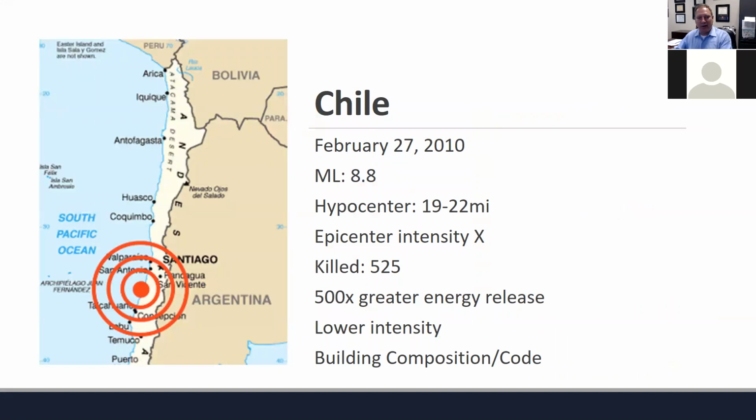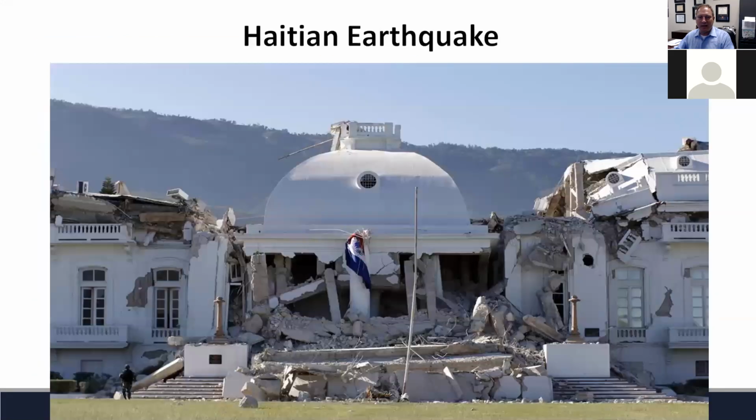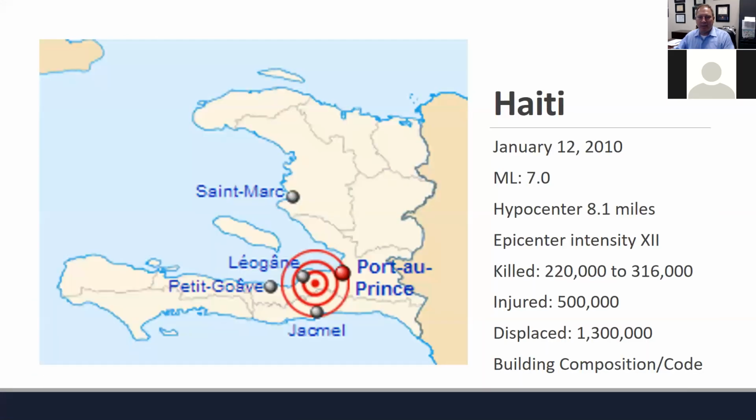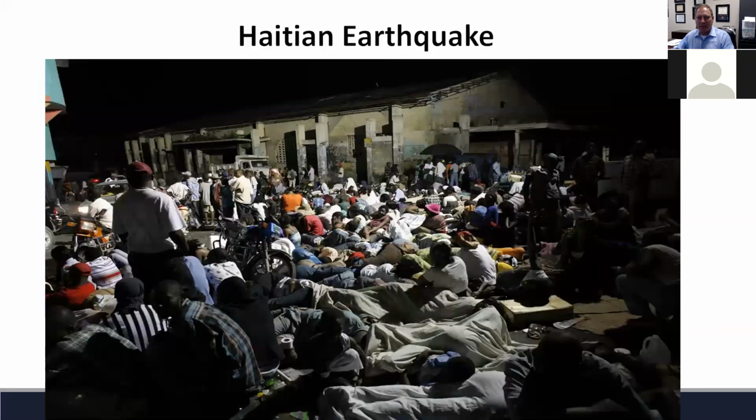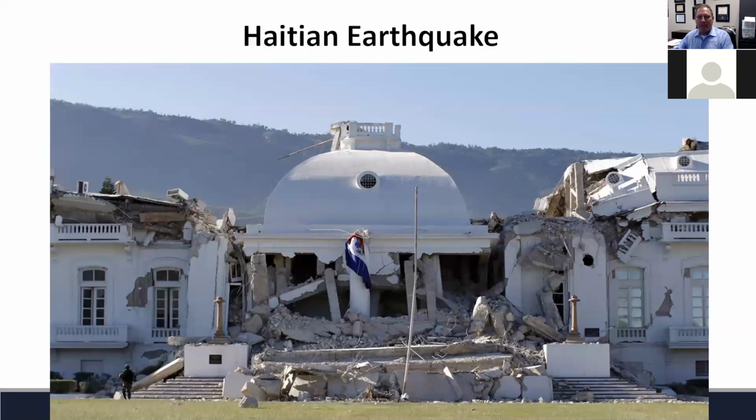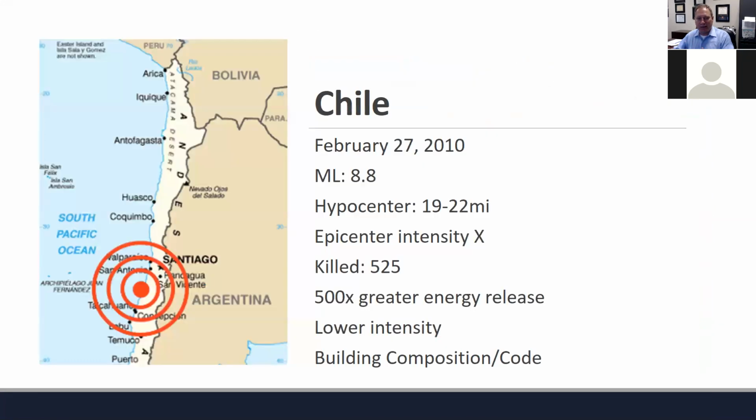Chile occurred in February of 2010, also the Chilean earthquake. The big difference between the Chilean earthquake and the Haitian earthquake was that in the Haitian earthquake, the hypocenter was 8.1 miles below the epicenter, or where the focus point was. In the Chilean earthquake, the hypocenter was about 20 miles below the surface. And so the density was great.